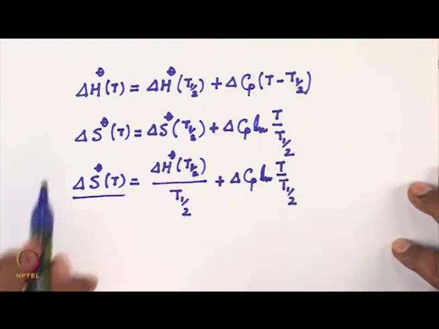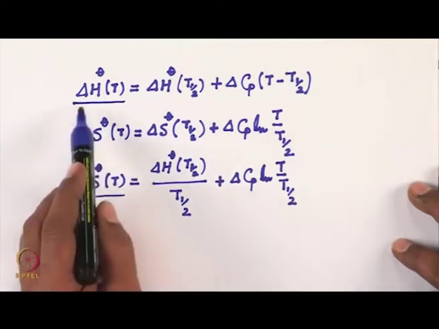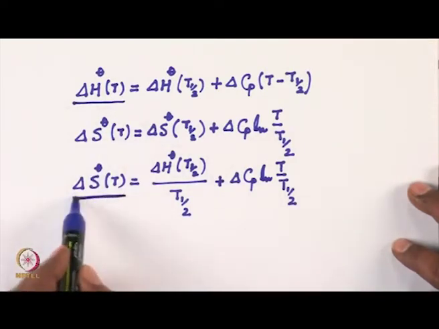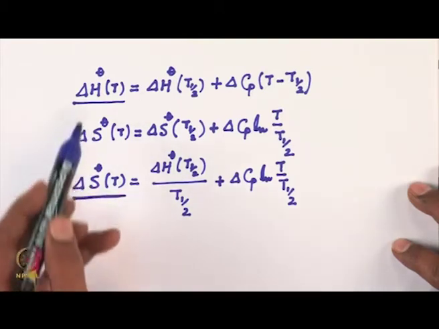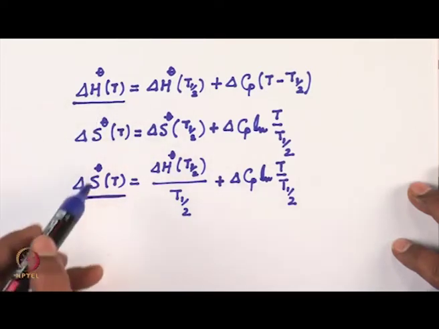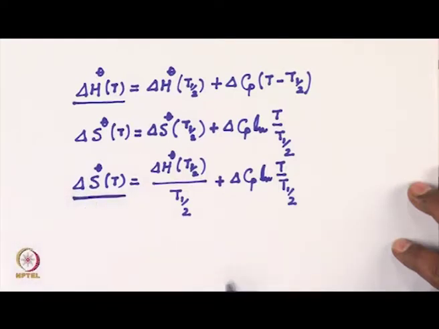Now you see, I have variation of enthalpy with temperature, I have an expression of variation of entropy with temperature, and now I can calculate delta G naught, because delta G naught will be equal to delta H naught minus T delta S naught. So I will substitute these two equations and get the value of delta G naught.